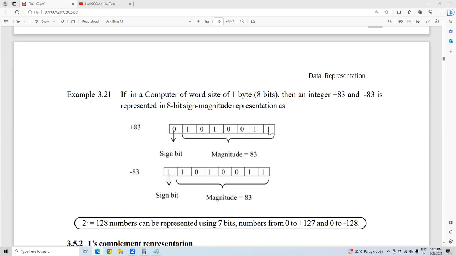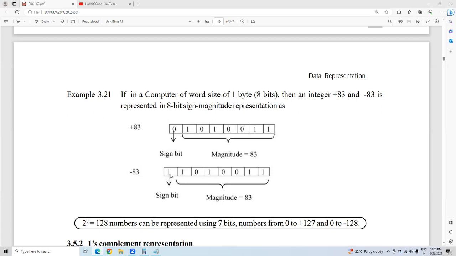So plus 83 means the sign bit will be 0, and the remaining 7 bits are the binary equivalent of decimal number 83. Similarly, minus 83 means 83's binary equivalent will be the same, but the sign bit will be 1.